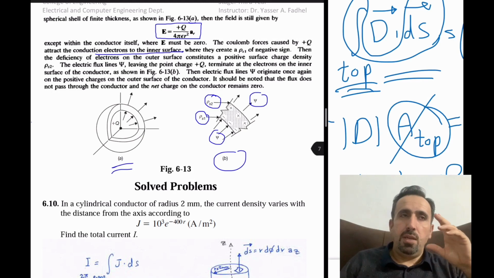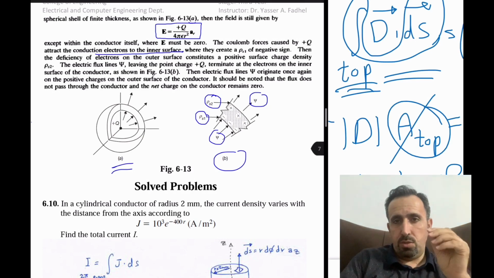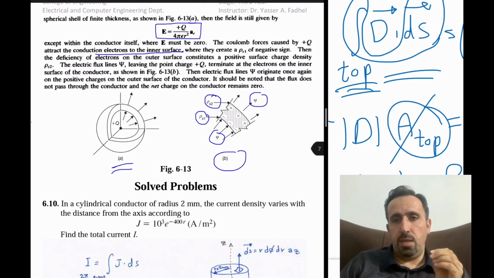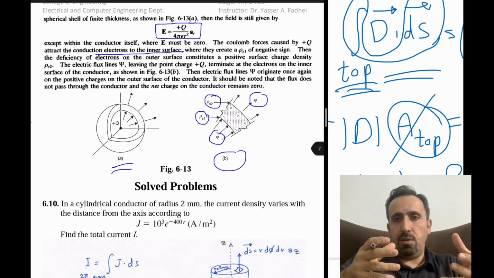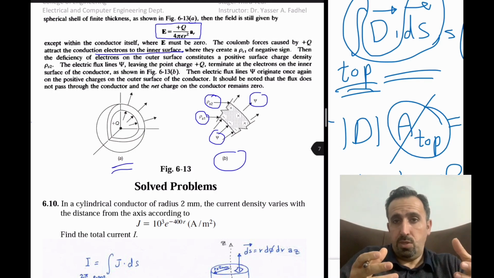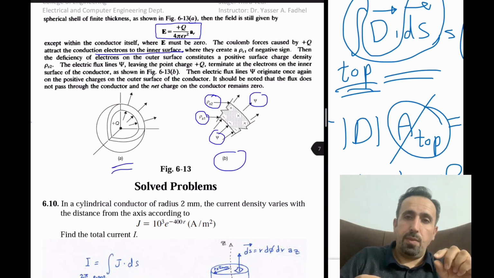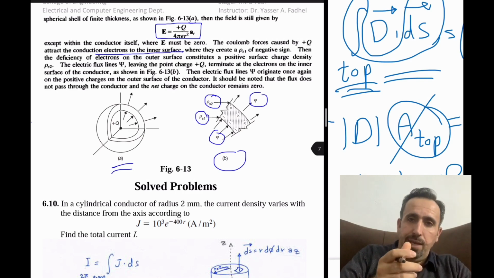Just think about the same system: if you have a source of light at the center, at the origin, and you have a spherical shell made of glass, for example, which is transparent to light, this light at the origin will start to emit light.